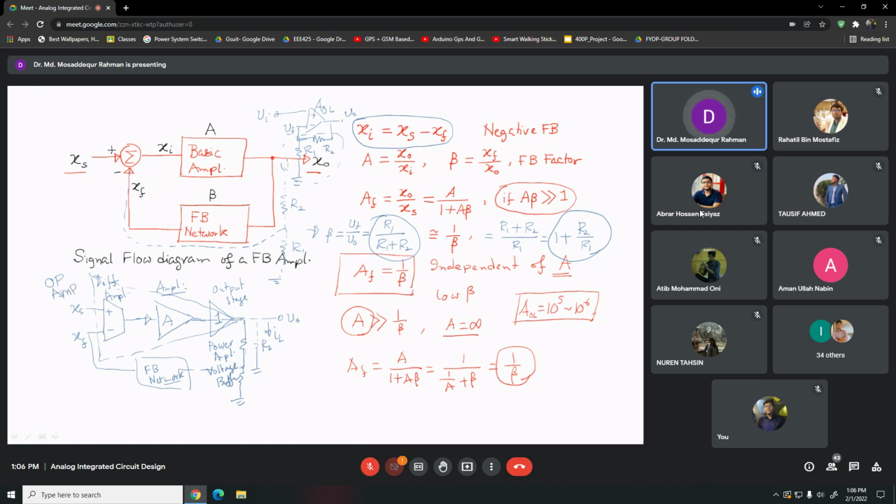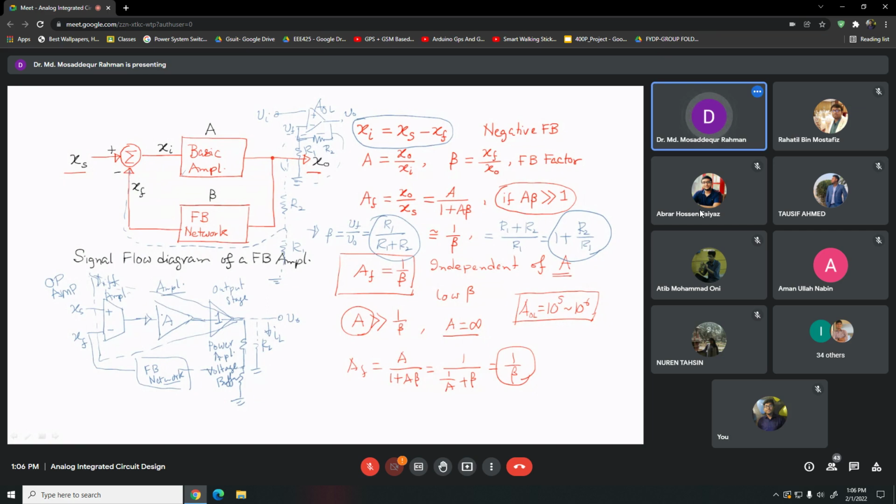Op-amp was basically developed to meet the requirement that is needed to implement this feedback amplifier. So you can then just add these resistors externally, and you get your amplifier, which will give you a very precise and stable gain.